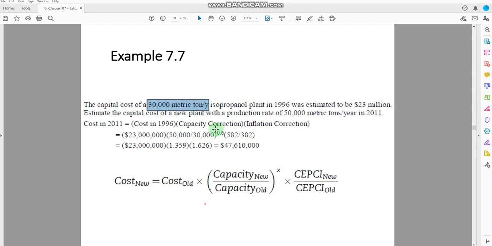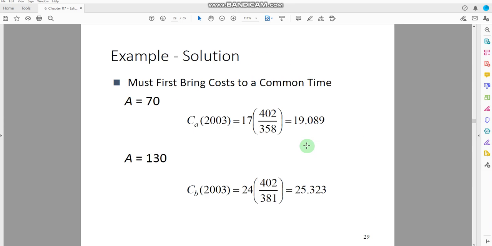Now what is the value for this one? We are using the 6/10 rule for this plant, so we will use the average value of 0.6 instead of this x. Now on the CEPCI, we have to use the CEPCI for the year 2011, and here we have to use the CEPCI for the year 1996. What should be the value?